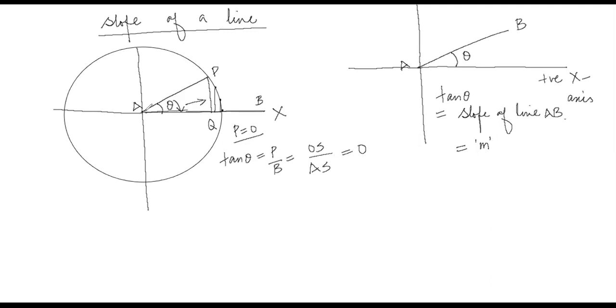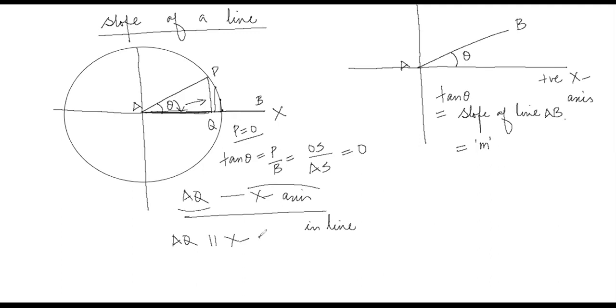Let's say this is the line AQ. So AQ and the x-axis are in line. You can also say AQ is parallel to the x-axis, or AQ is part of the x-axis, or AQ and the x-axis are the same.